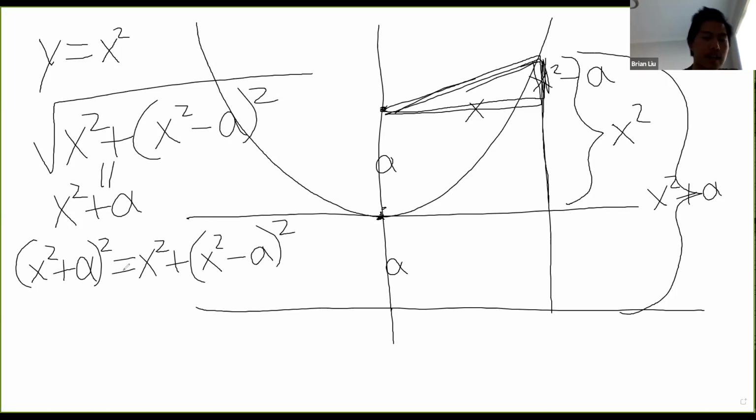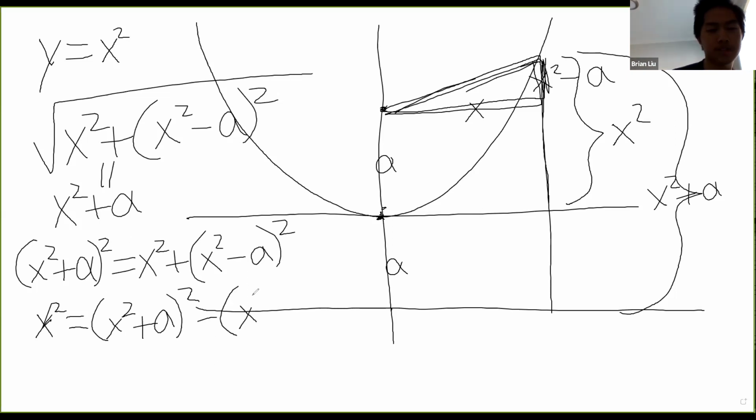And now we see that we have this thing that involves a, this thing that's just x, and this thing that involves a again. So we can move all the things involving a to one side. So we have x squared, lonely x squared, equals (x squared plus a) squared minus (x squared minus a) squared.